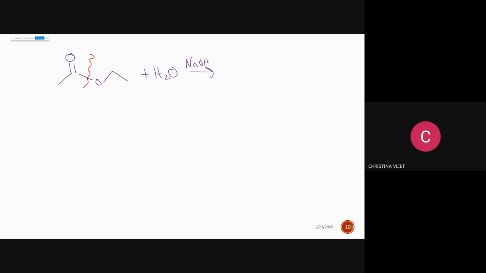So, you know where to break your bond? It's between the carbon of the carbonyl and the single bond electronegative atom, always. And then we have to decide what goes on what side. It's kind of easy to remember with NaOH. Na is going to be part of the equation. It's going to be ONa, right? And then the other side will have still the hydrogen.